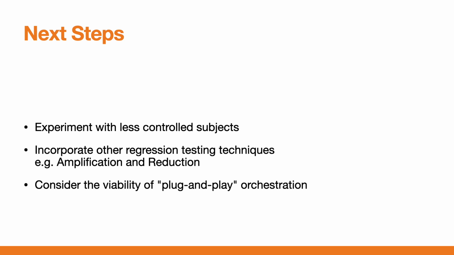And after that, we also want to include other kinds of regression testing challenges, such as amplification and reduction of test cases, to maybe increase the size of the test suite with new tests, and then reduce it to eliminate redundant tests.